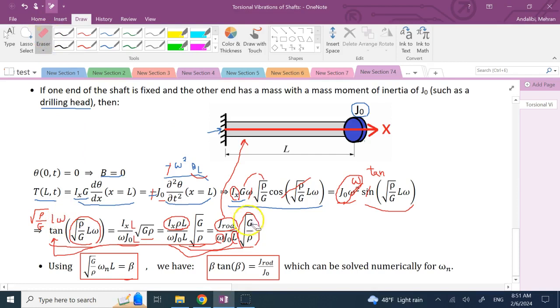And then on the right hand side, the only thing that is remaining is simply going to be J of rod divided by J naught, which is this guy here.